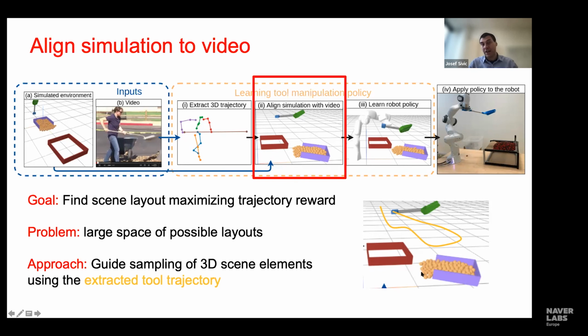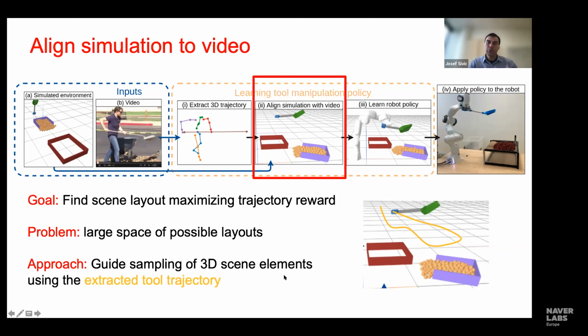And of course, this is a hard optimization problem because there is a huge space of possible layouts. So the idea which we have here is that we guide the sampling. We sample these configurations and we guide the sampling by the extracted tool trajectory. So we extract key points along the trajectory and use those to guide sampling of these scene elements.